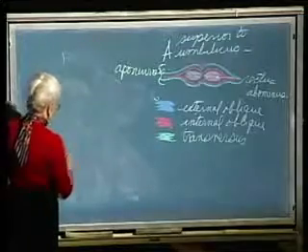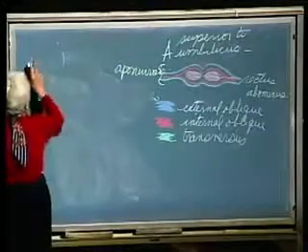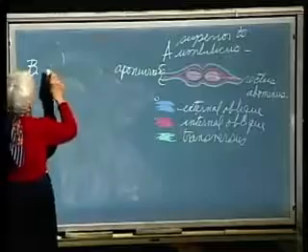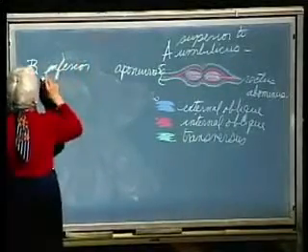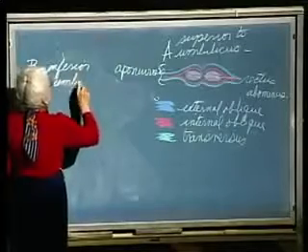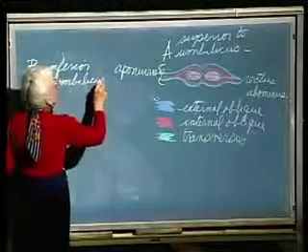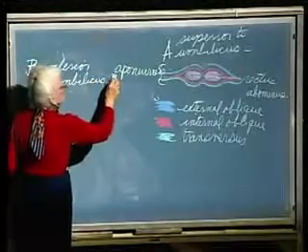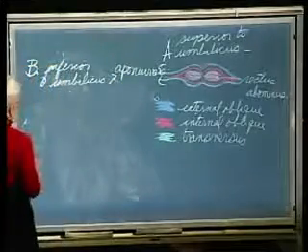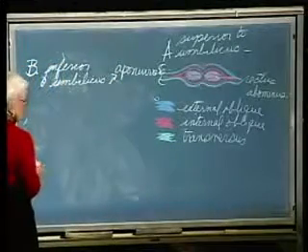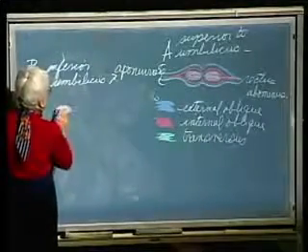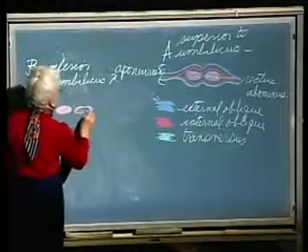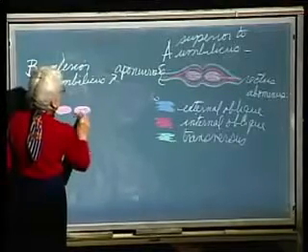This is going to be B. This is inferior to umbilicus. And this is our aponeuroses again. And we need our section through our recti muscles in the abdominal wall here.